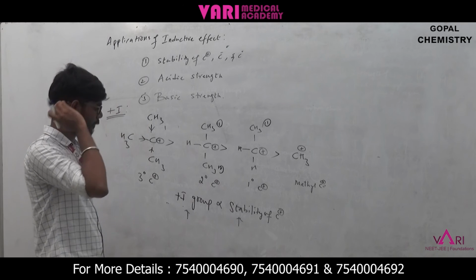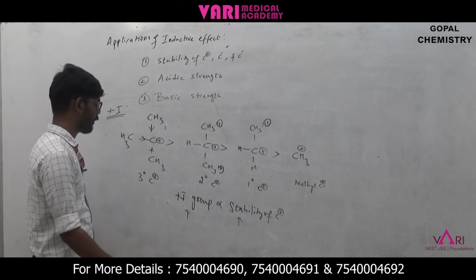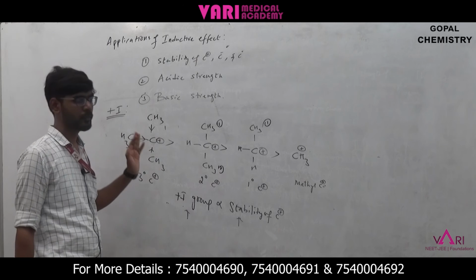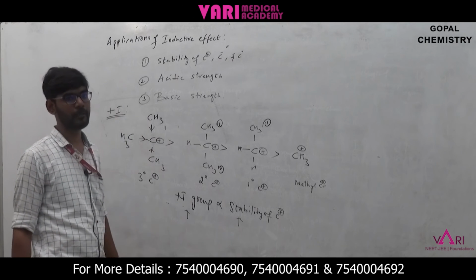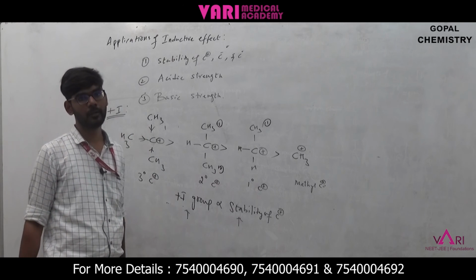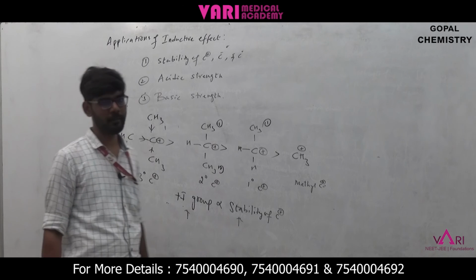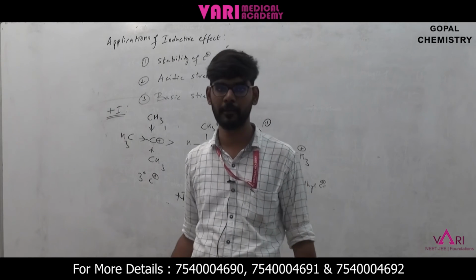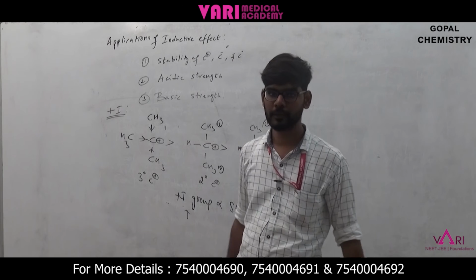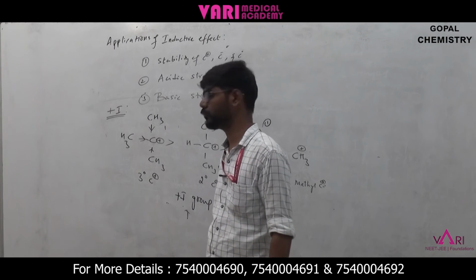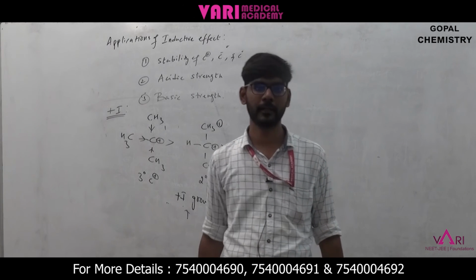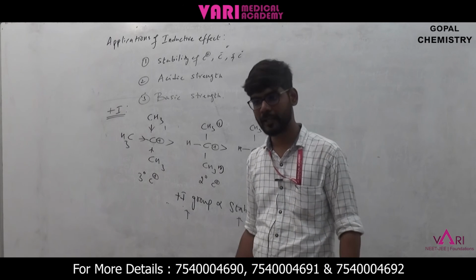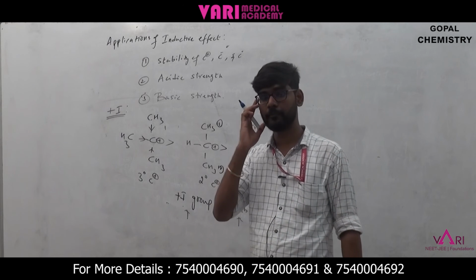Okay, so this is very, very important, students. When the plus I groups are maximum in a carbocation, that carbocation will be more stable. In many competitive exams, they will give 4 carbocations and ask which one is more stable. There, without any confusion, you have to assume that if the carbocation consists of plus I groups, then that carbocation will be more stabilized.